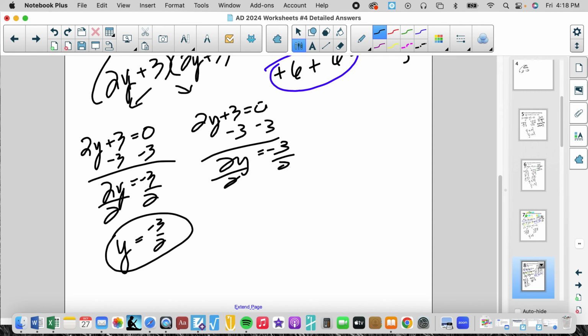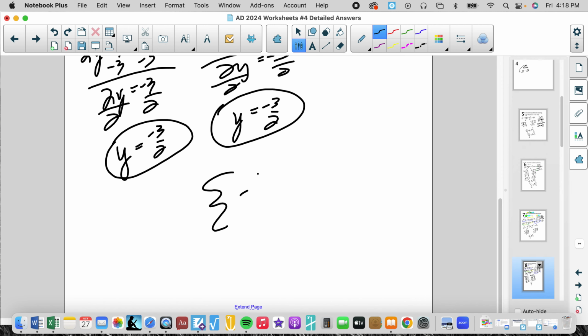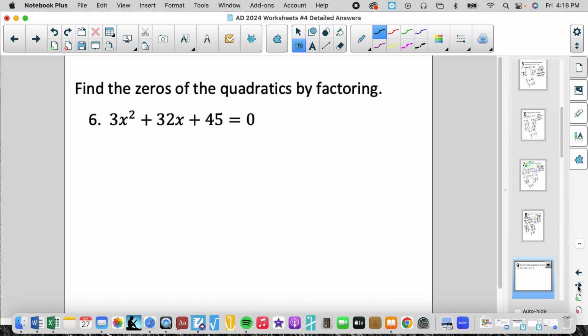Divide by 2. Y equals negative 3 halves. So it's the same solution, so we just have to write it once. That's a horrible 3, so let's rewrite it. Good. Perfect. Another single solution.